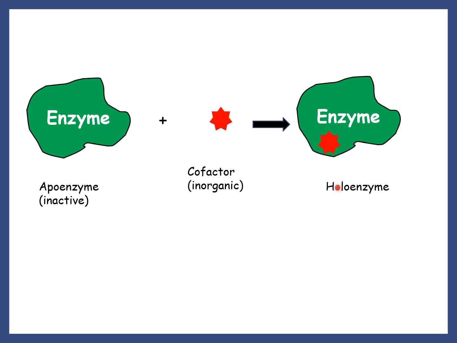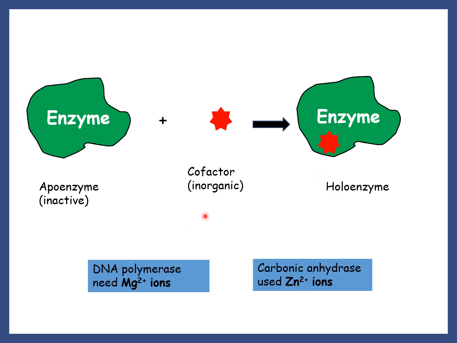The holoenzyme is the active form of an enzyme, and most of the inorganic cofactors are metals in nature. For example, DNA polymerase needs magnesium, and carbonic anhydrase needs zinc ions as cofactors. So if you ever come across a PCR reaction, and you forget to add magnesium, the reaction wouldn't proceed because the DNA polymerase needs the cofactor magnesium for its activity, right?